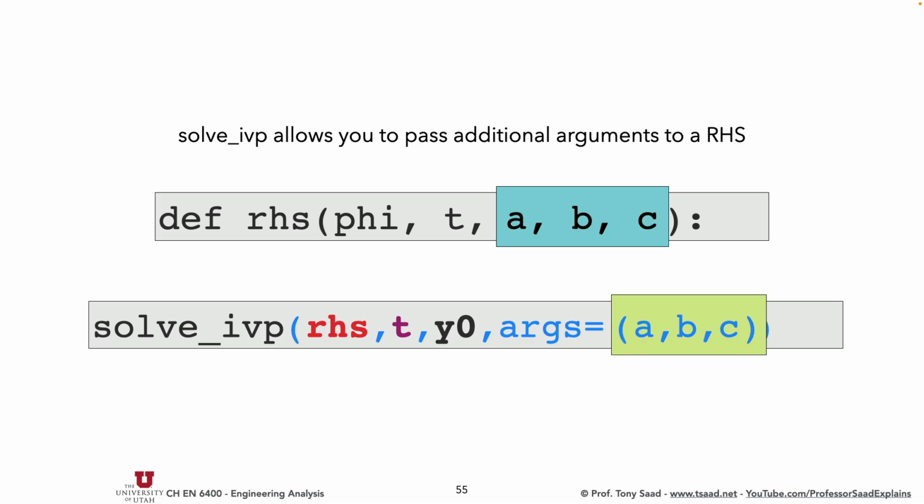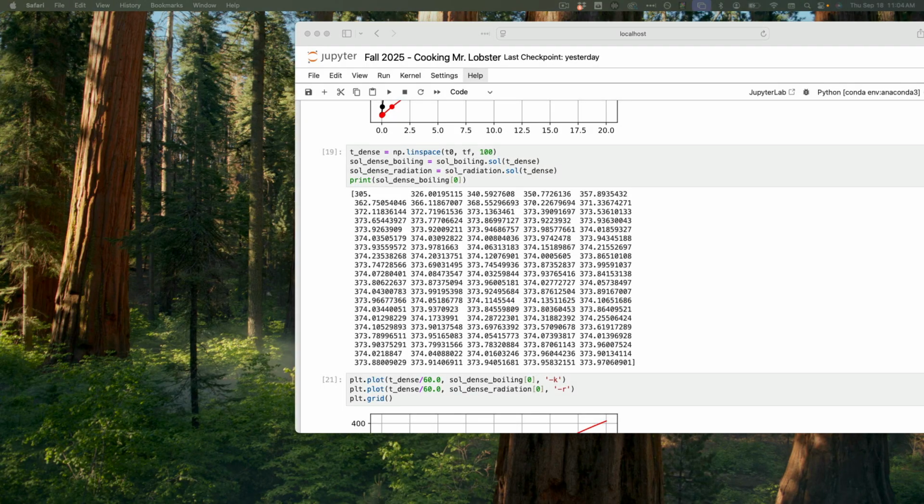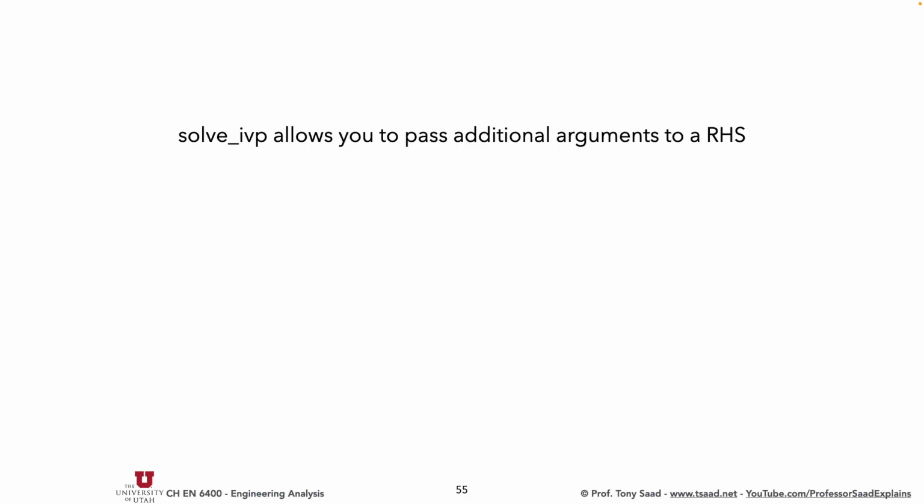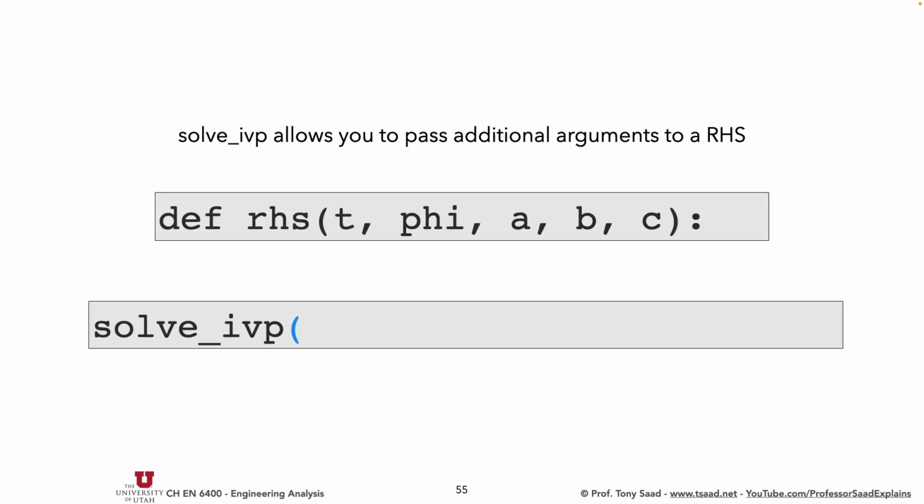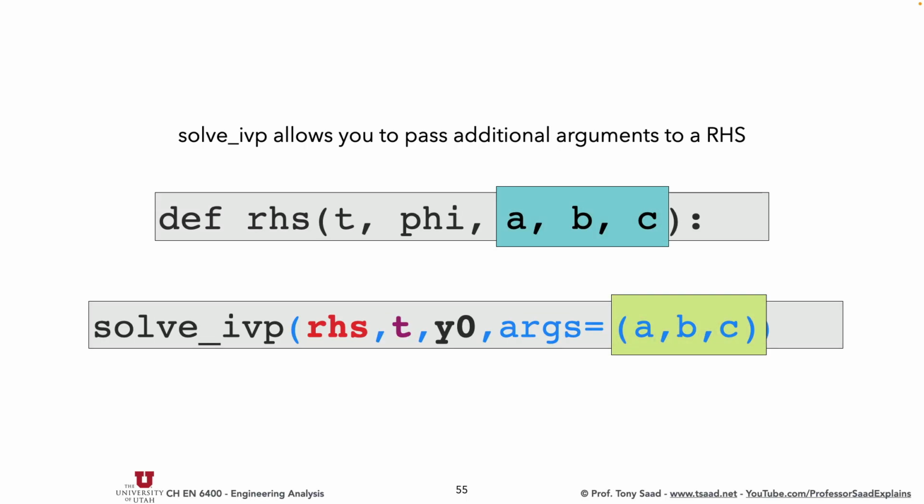So this is also a typo here. My apologies. So yeah, if your right-hand side looks like this, then you can pass those additional arguments from solve IVP. This can become handy when you don't want to declare global variables, which you shouldn't.